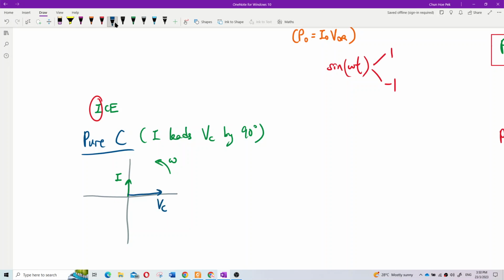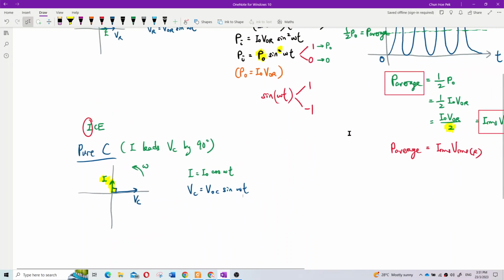Correct or not, class? So what equation is current? I naught cos omega t. How about voltage VC? V naught C sine omega t. It is a sine equation, correct or not, class?